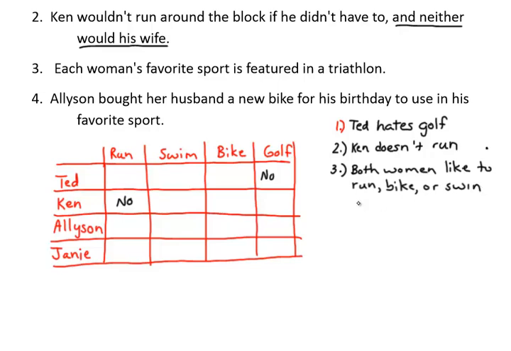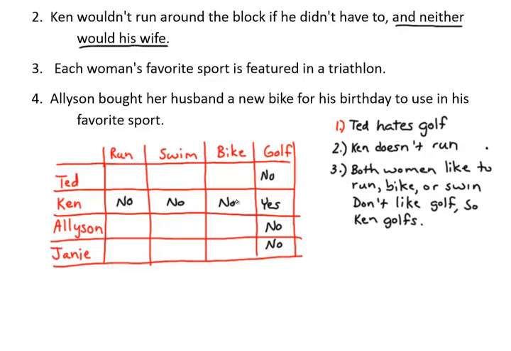So that means they don't like golf. And that comes from number 3. So no women like golf. So that means that Ken golfs. So Ken golfs. Alright, so we'll put a yes for Ken right there. So that means that Ken doesn't swim and doesn't bike. Alright, so we got Ken done.